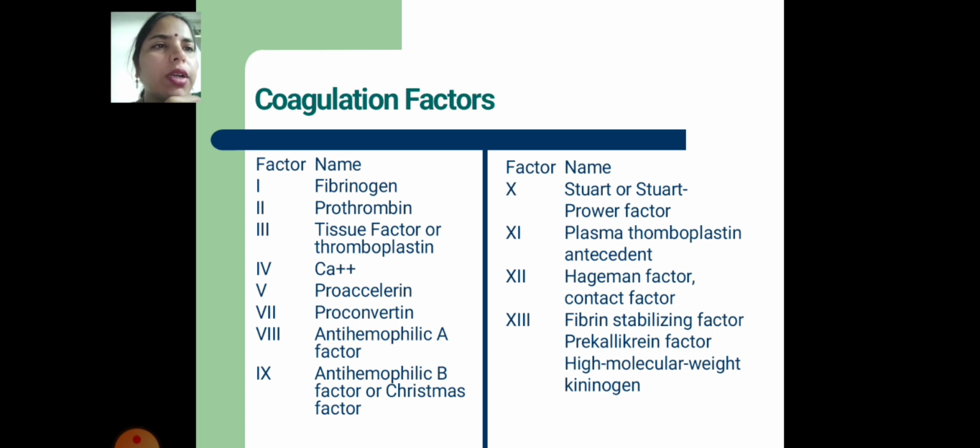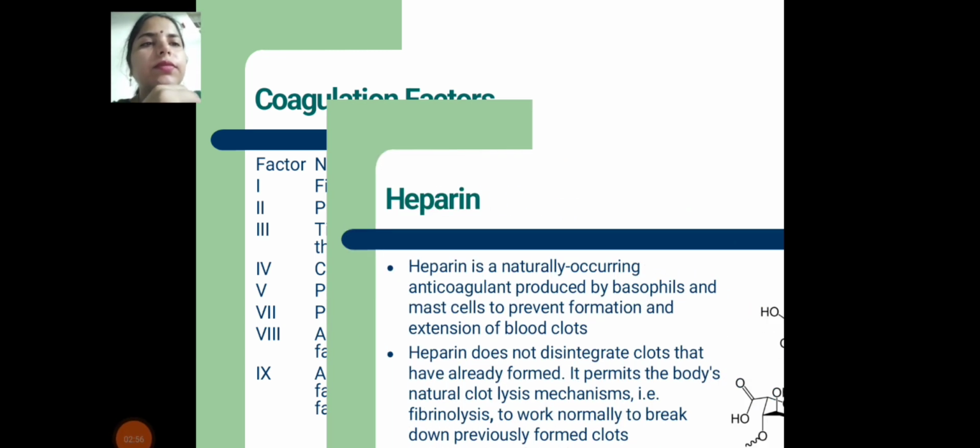Factor 10 is the Stuart-Prower factor, then plasma thromboplastin antecedent, Hageman factor or contact factor, and factor 12. Factor 13 is the fibrin stabilizing factor. There are also pre-kallikrein and high molecular weight kininogen. These are some of the coagulation factors.